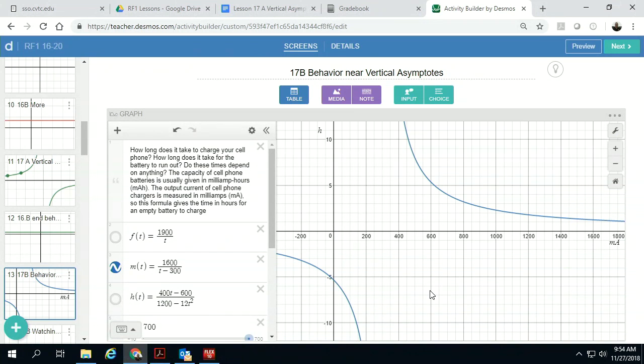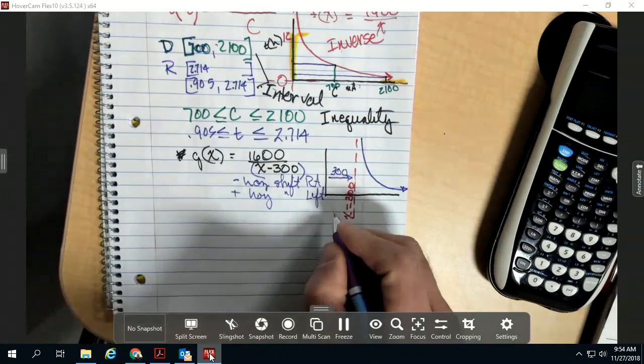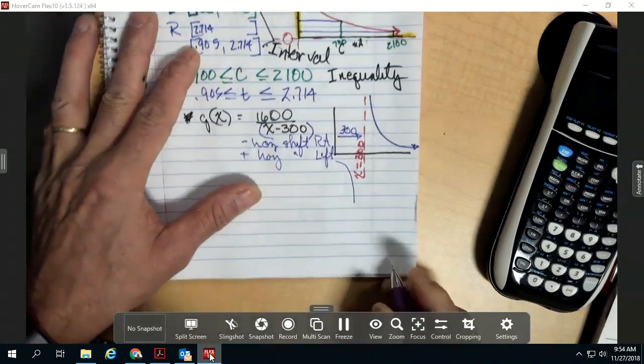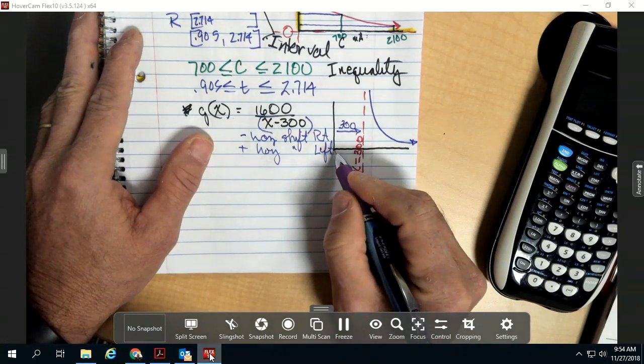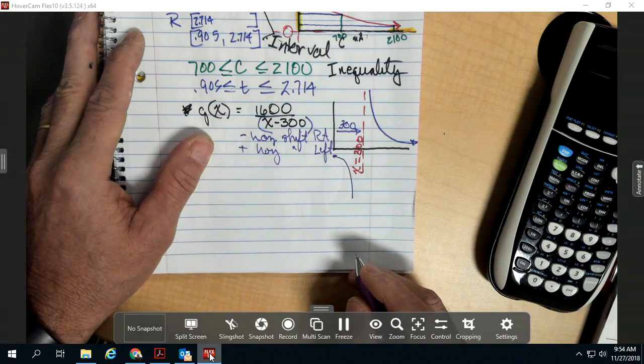Well, if you notice, our graph has this happening over here. In other words, if your charger is 0, you're going to run out of battery in this much time.